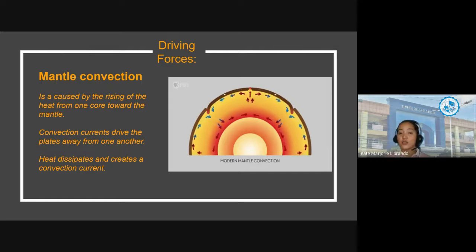Now, this convection current is the one that drives the plates away from one another, bump into each other, or pass through each other. So the reason why plates move is because of these convection currents created by the convection in the mantle.